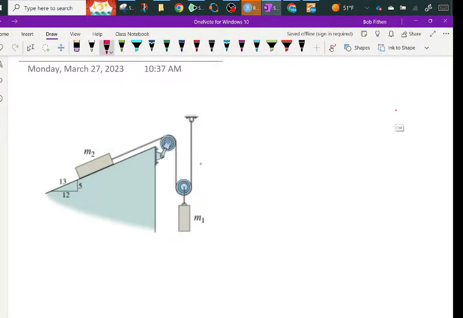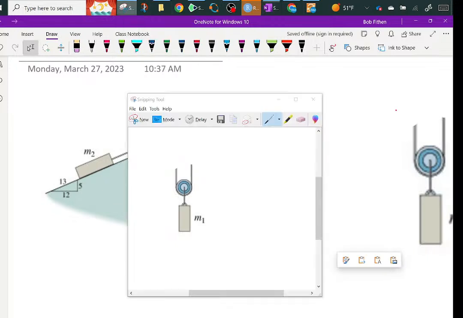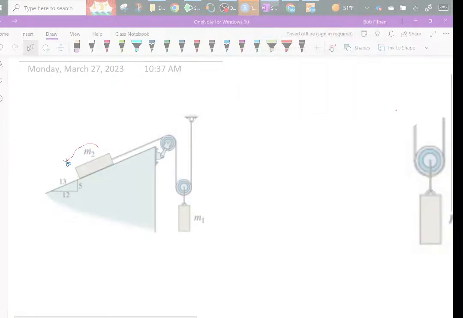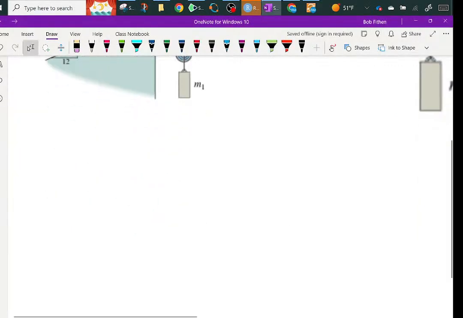And what I'll do is drop that over here. And then the second one. The second one, what I'm going to do, I'm going to include that. And then drop that one down here.